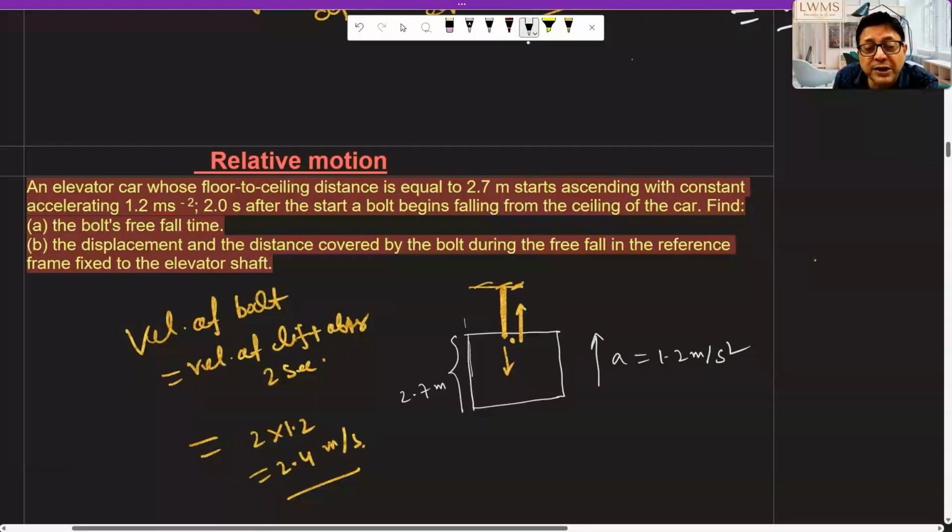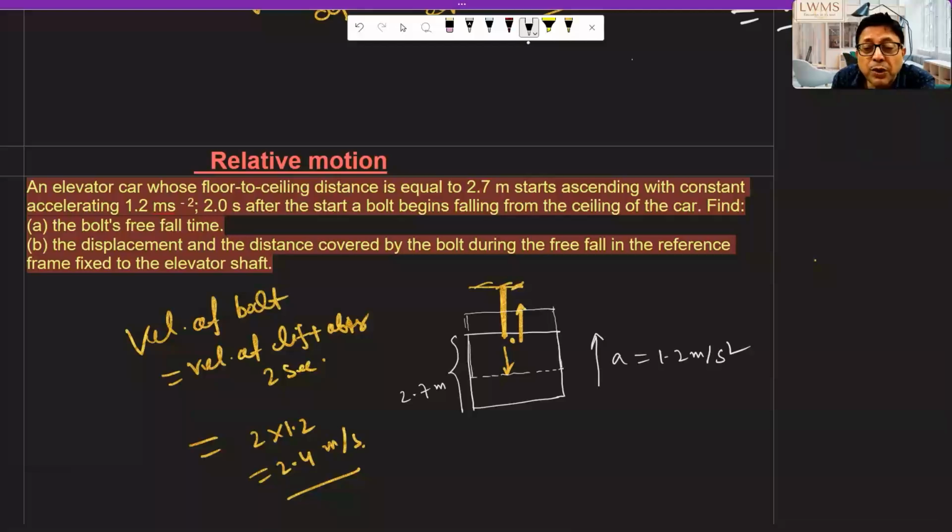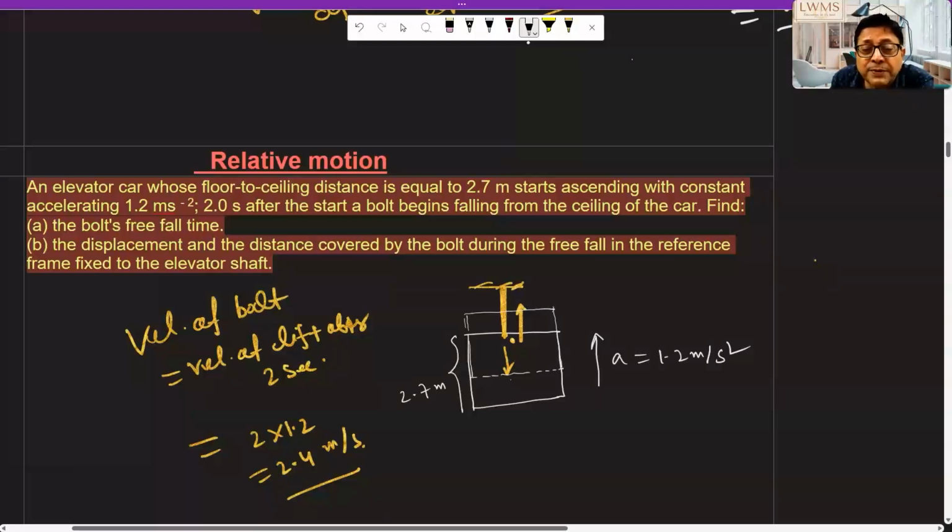I am just drawing a rough sketch. The bolt will reach there, so that the bolt touches the floor. How does it touch the floor of the lift? It goes upward and then it comes back in this manner because its motion is free fall.